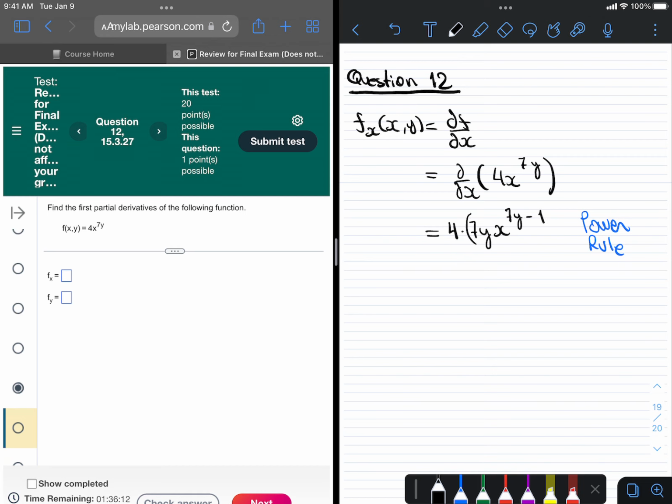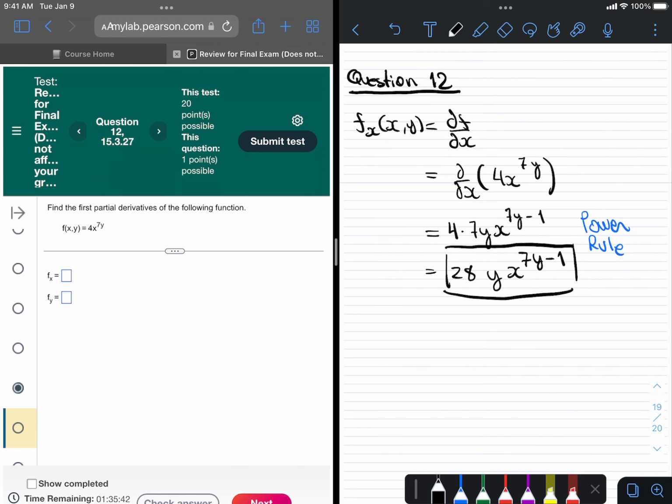Right, so this is what? This 4 did not change because it's a constant. I can pull it out of the derivative. Now when I derive this, the result is that. So that is what I have. Maybe I can just multiply the 7 by the 4 to get a 28y x^(7y minus 1). And that is the derivative with respect to x.